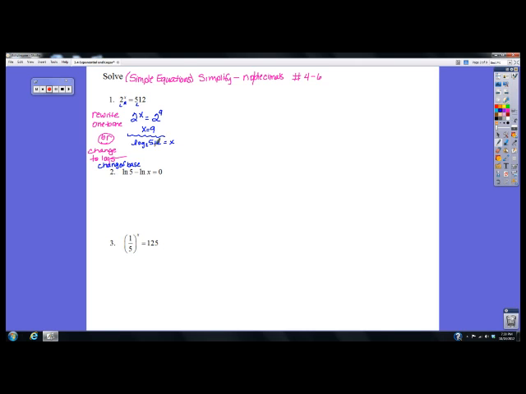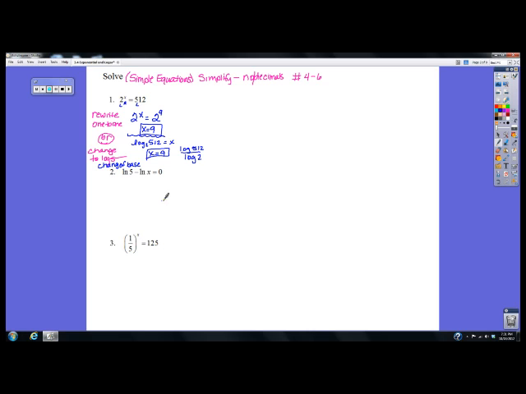Log 512 divided by log 2 in your calculator, and you would find that x equals 9. So two different approaches to come up with the same answer. I'm not going to pull my calculator up because this is a long lesson and I want to save time, but remember that that would be log 512 divided by log 2 in your calculator.